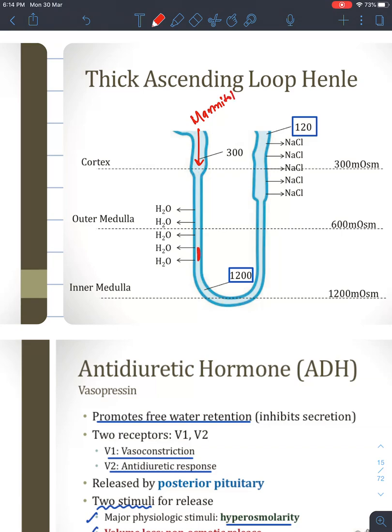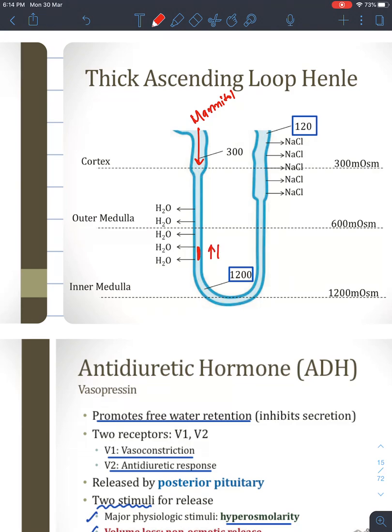Now what happens is mannitol is osmotically active, so it prevents this water reabsorption, which is occurring passively. There is no pump or no active thing going on. It simply prevents water reabsorption. So water concentration, you can say, increases in this area.